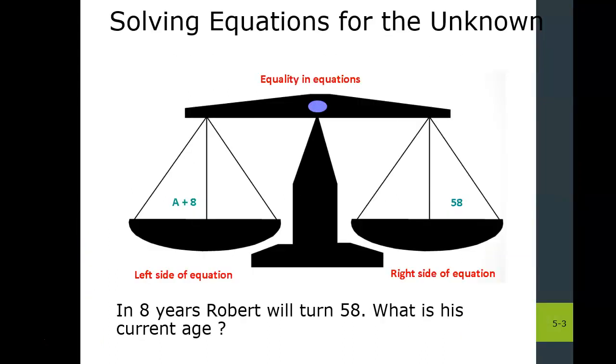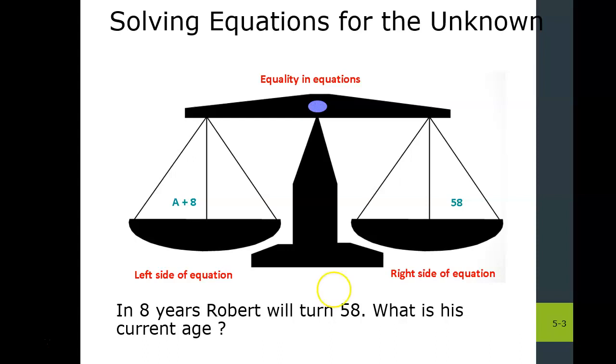Let's say in 8 years, Robert will turn 58. The question is, what is his current age? We begin with a simple one. Yes, you would say, well, Robert is currently 50, and that would be correct. But we want to use an equation to solve for the unknown.